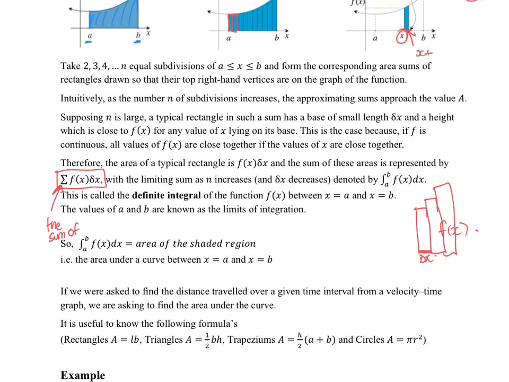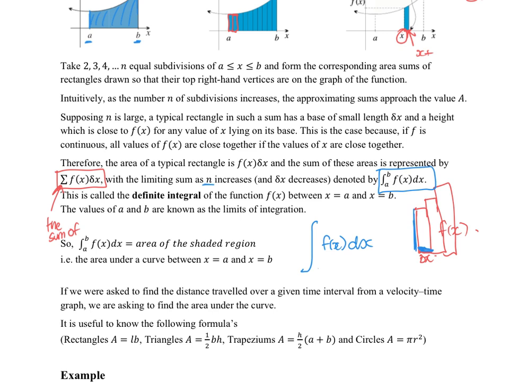This is your width and this is your height. As with the limiting sum, that distance there gets thinner and thinner, so this is how we're going to write it. It's an integration symbol.